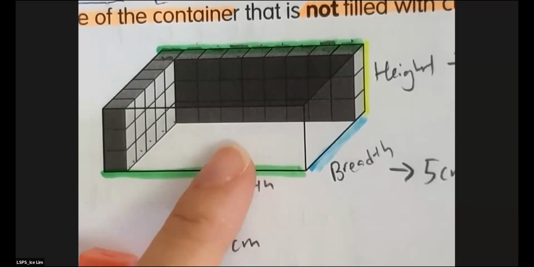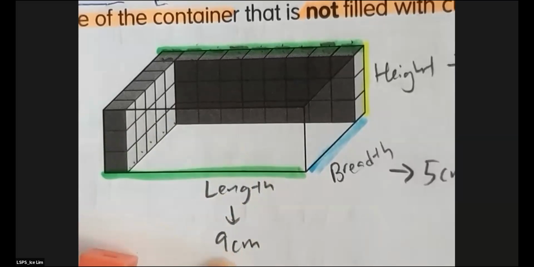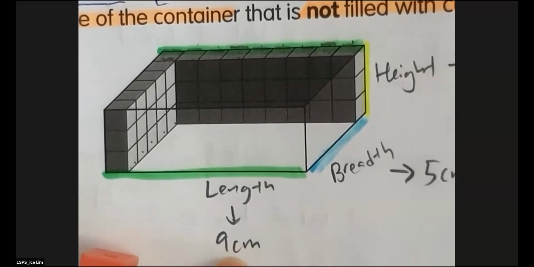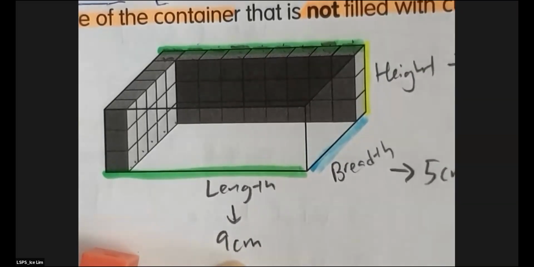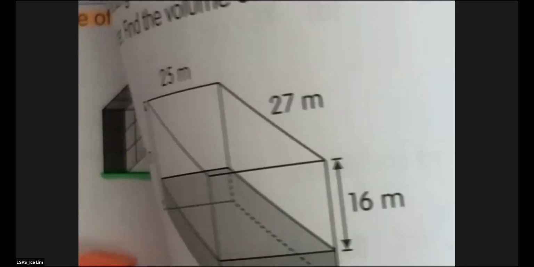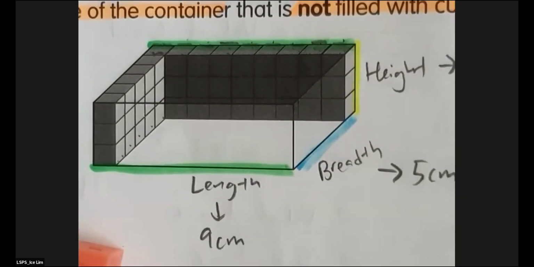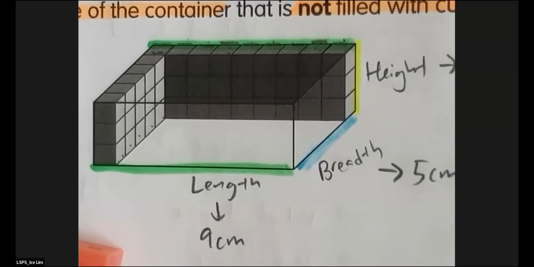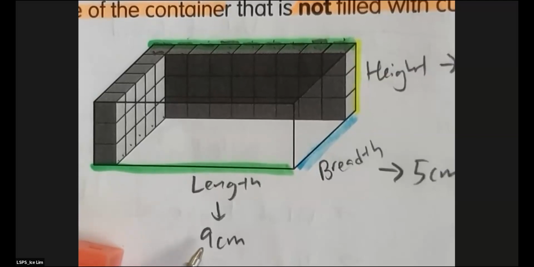Let's take a vote. Okay? If you think that the length 9 is the length of the container, you put a thumbs up. Let's see what reactions we have. Okay, we can put various reactions. If we think that the length 9 refers to the container, you put a thumbs up. Okay.